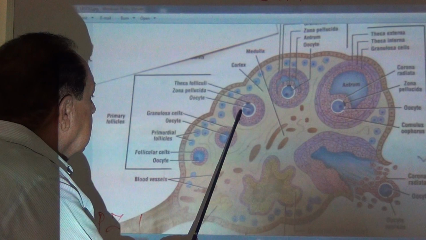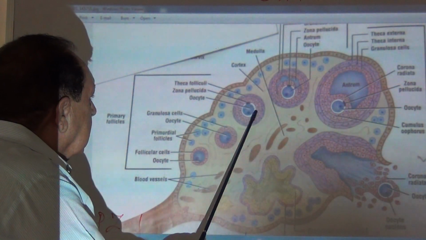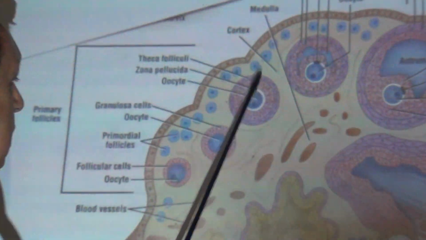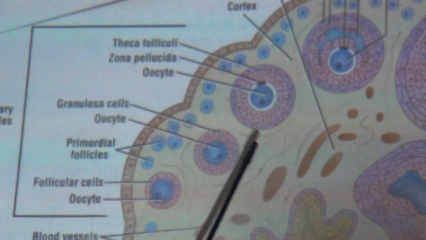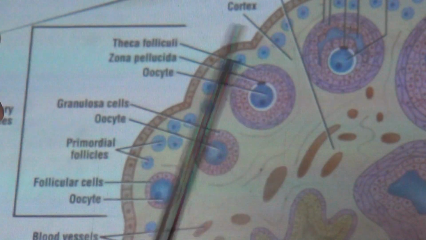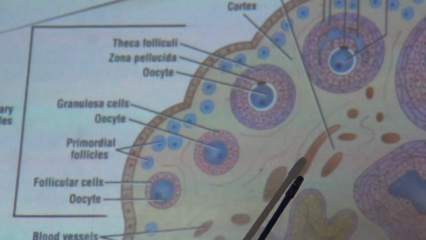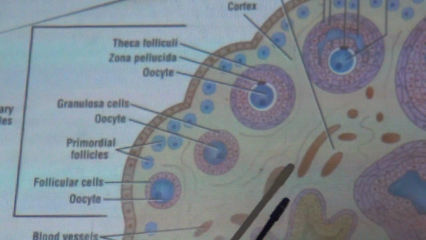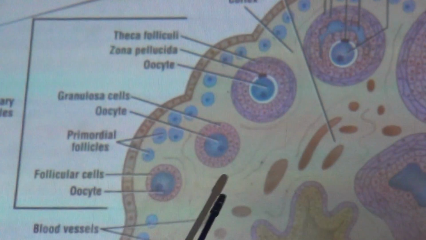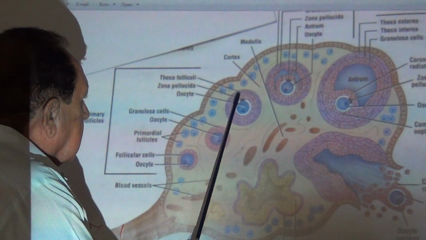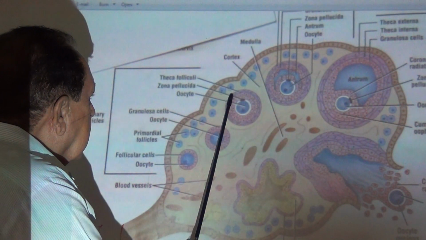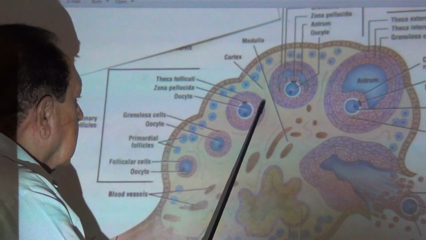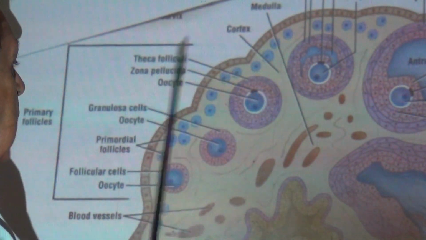The next stage, as I told you, is a thick membrane that covers the oocyte. This thick membrane is called the zona pellucida, and it is formed by glycoproteins. Then a layer surrounds all these cells and the oocyte.